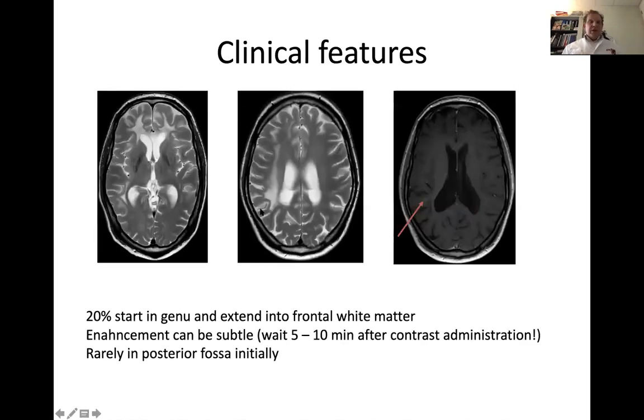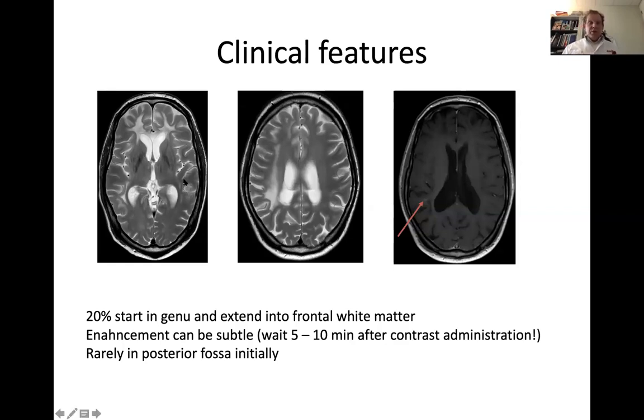About 20% of the cases of cerebral ALD start in the genu of the corpus callosum and then extend into the white matter. And the clinical course is identical to the ones with the more typical occipital presentation.